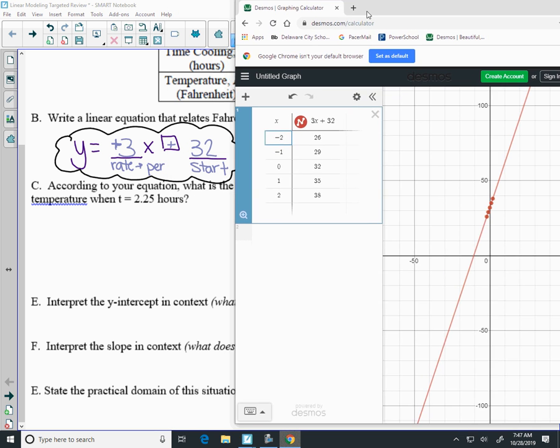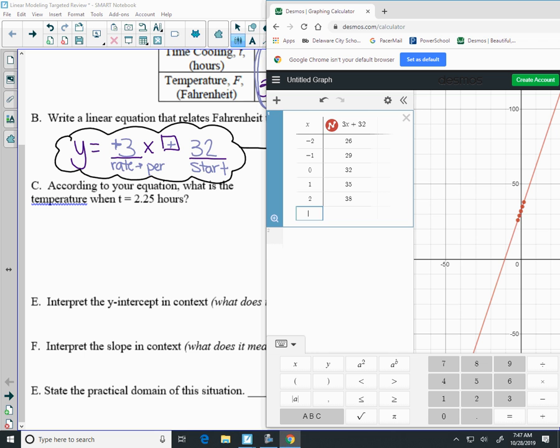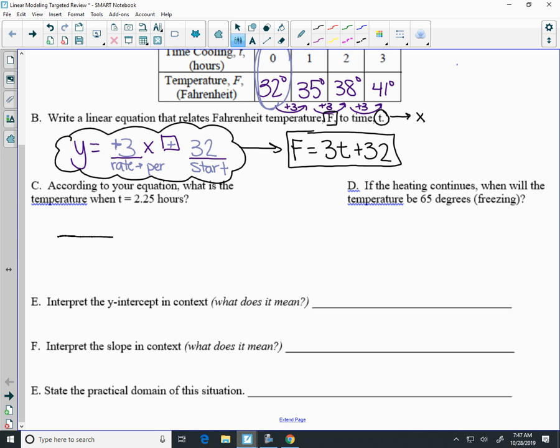So the first thing we're asked is, according to our equation, what's the temperature at T equals 2.25 hours. So T is our X. You can absolutely put that into the equation, or you can put that into Desmos. So it would be 38.75. If this was a test problem, I would want to see this, or I would want to see you plugging that into the equation.